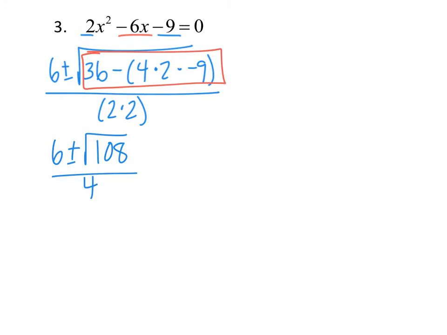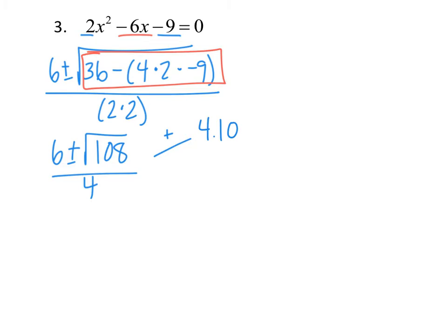That's okay. So if I put this in my calculator by adding, so 6 plus the square root of 108, and then divide that by 4, I get 4.098, but when I round that, it rounds to 4.10 to go to our 2 decimal places.